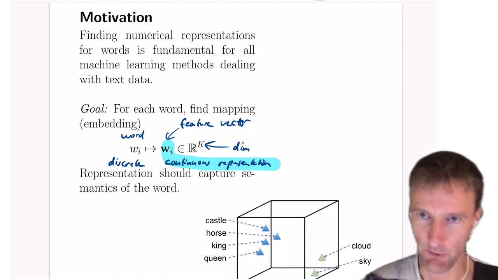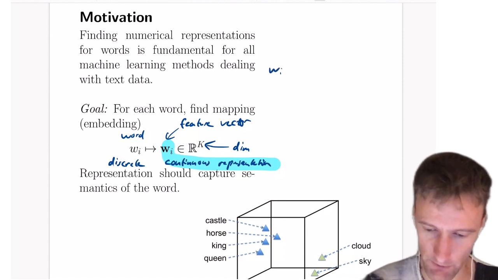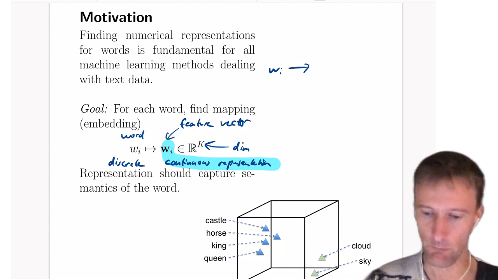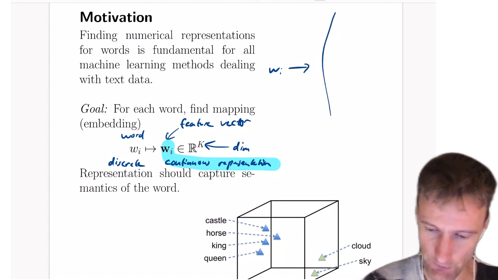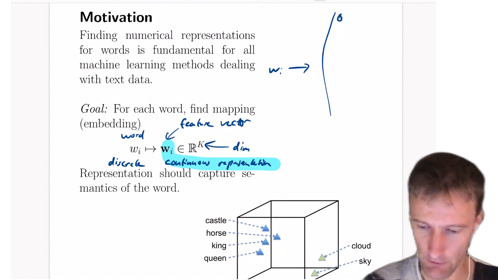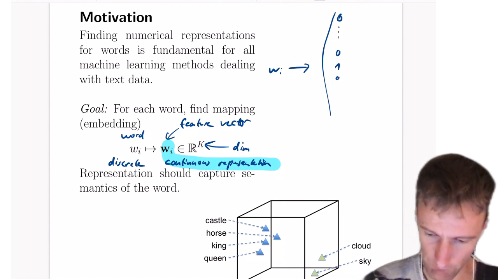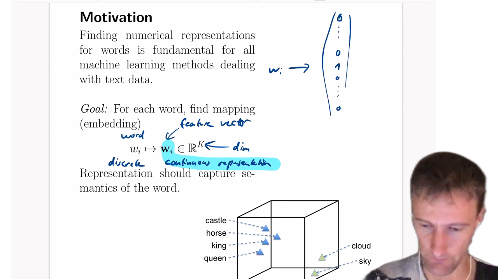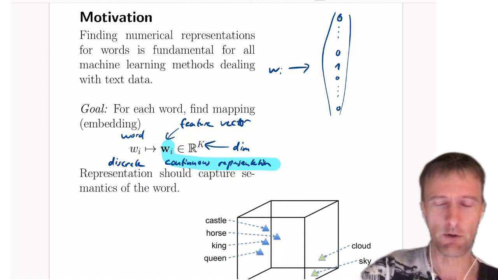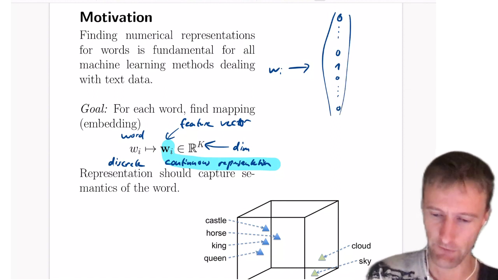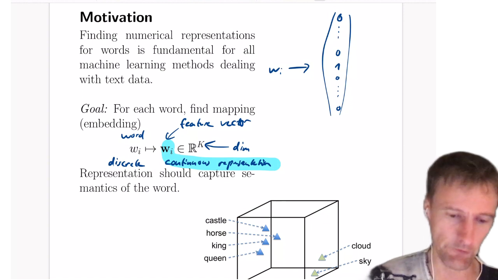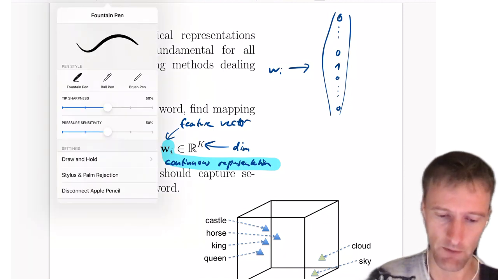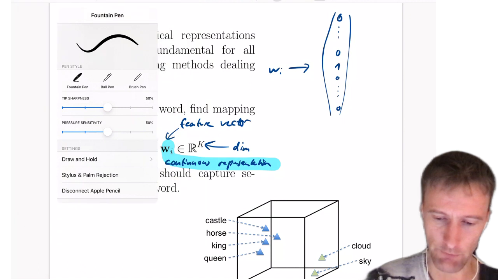The easiest way is to map your word to a 0-1 vector, which has zeros everywhere, except a 1 at a very particular position. The position of that 1 is position i, where i is the number of my word. There you put a 1, and all the other entries you set to 0.